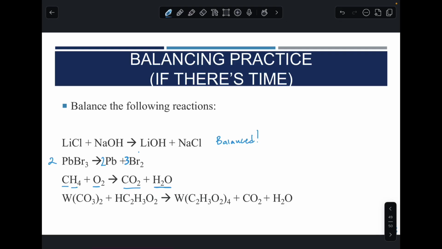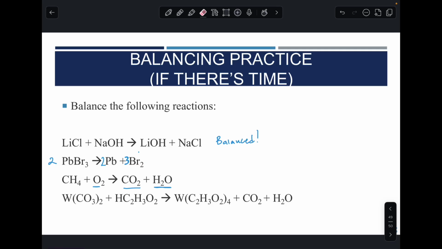The only thing that's going to change between combustion reactions is the identity of your hydrocarbon, or whatever organic molecule you have present there. So always, if I ask you what a combustion reaction is, you would tell me a hydrocarbon that reacts with oxygen to make CO2 and H2O. So that's always going to be true.